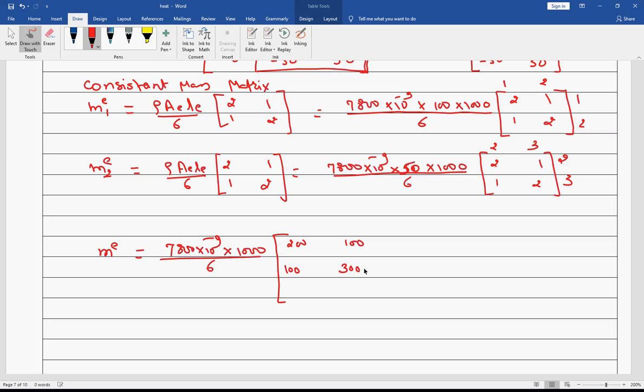This will be 300. And then this will be 100. This will be 100. And of course, no, this is 50, not 100. So this is 50, this is 50, and this will be 100. So just verify this and let me know, is there any mistake?